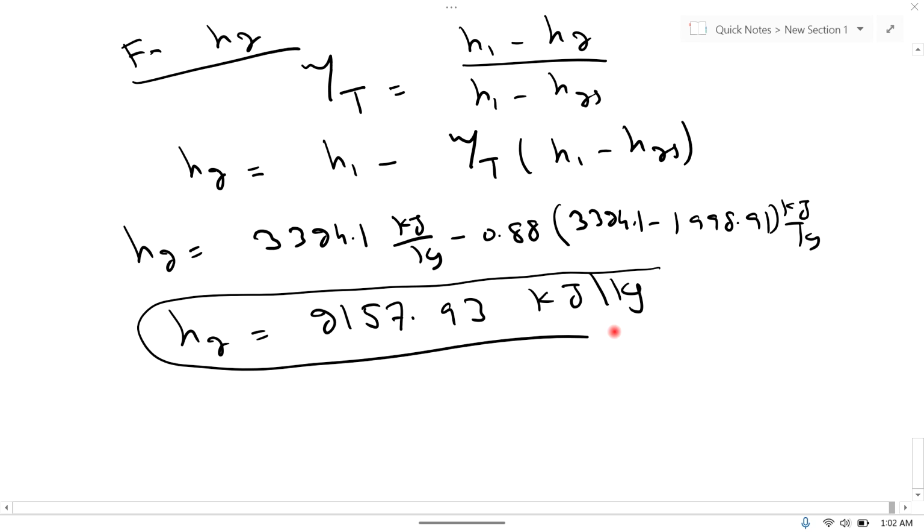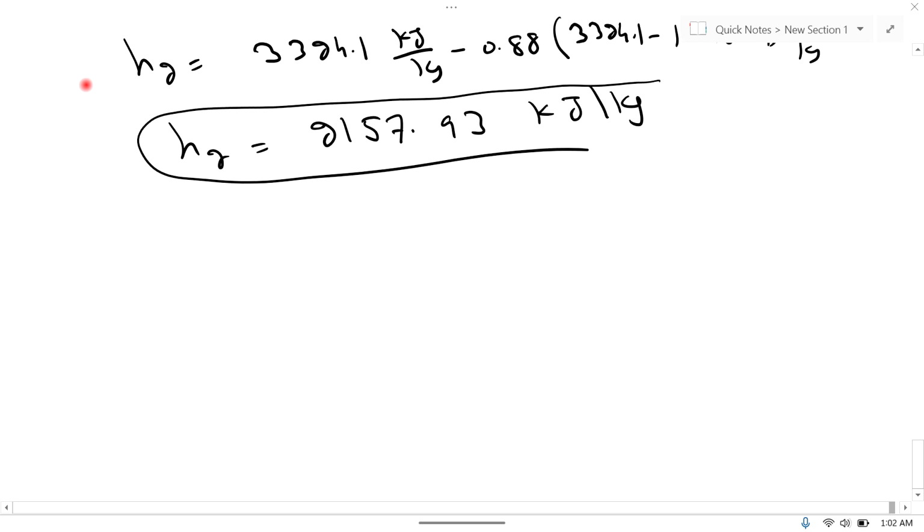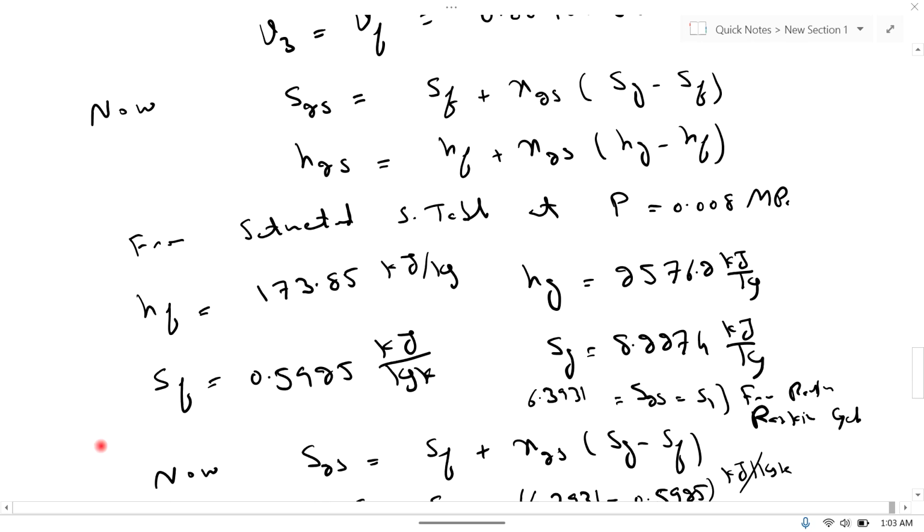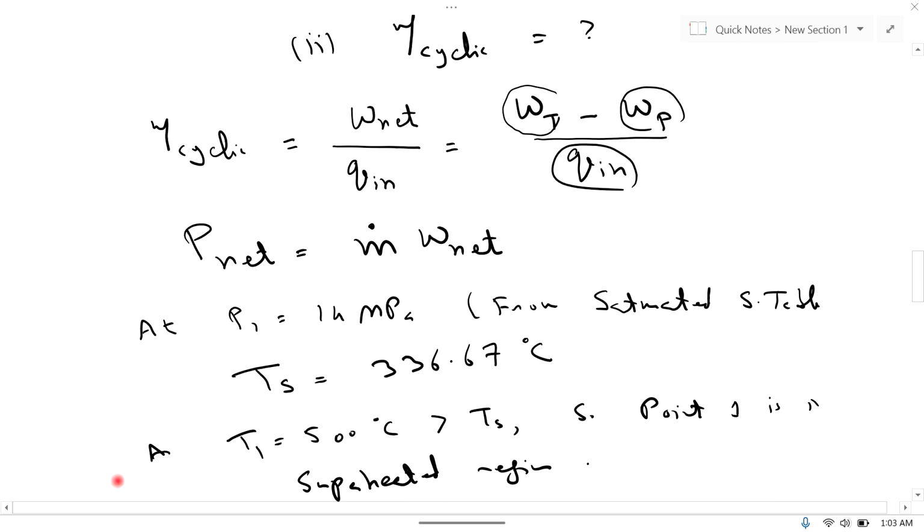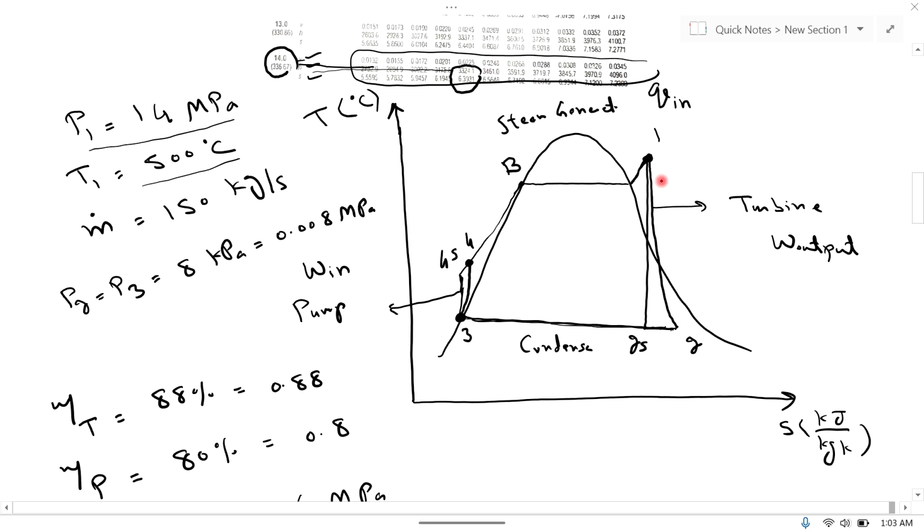Now we can easily find the work of the turbine. Work of turbine is equal to H1 minus H2. This is the turbine and the TS diagram, 1 to 2. So H1 minus H2 is the work of the turbine, the work output.